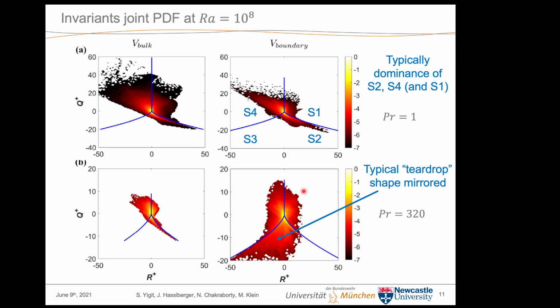But the behavior is clearly different in this one case where we have a high Prandtl number and when we only have a look at samples in the vicinity of the wall. So that tail of the teardrop clearly flips from the S2 quadrant to the S3 quadrant. And this is something that is maybe surprising at first glance, but we will try to find out where this is coming from.